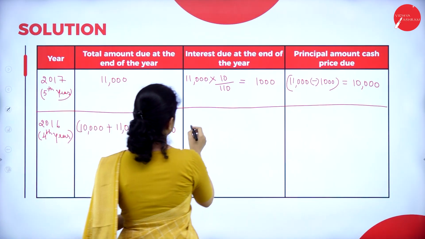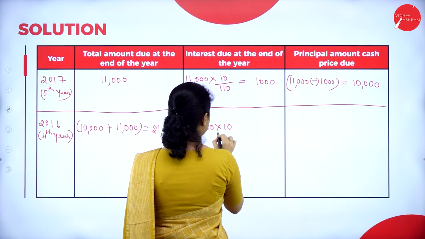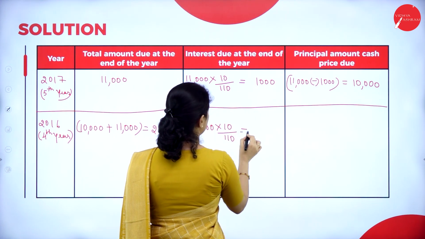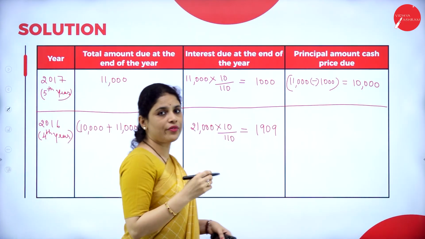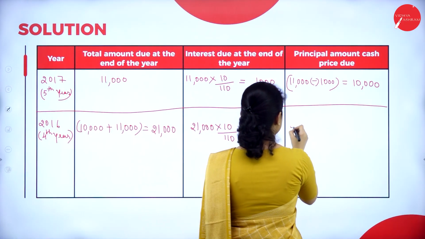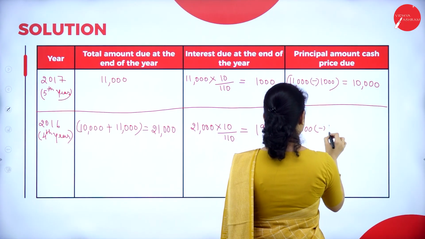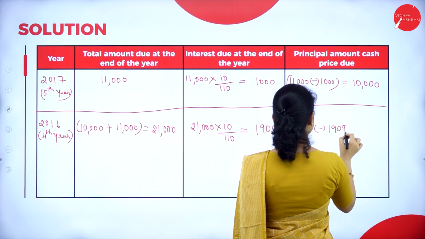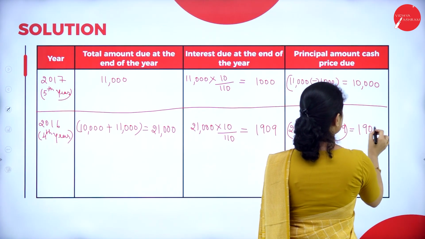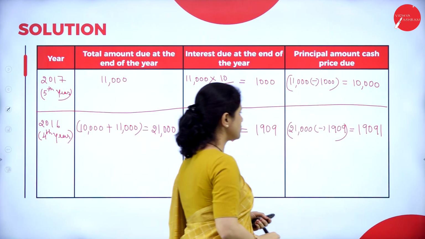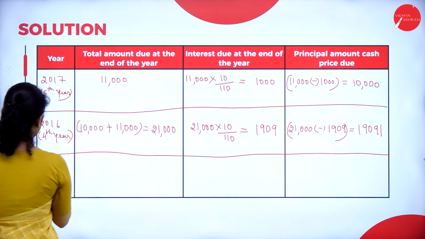So how do we calculate the interest? 21,000 into 10 by 110 equals 1,909. Take this 21,000 minus 1,909, that is 19,091.